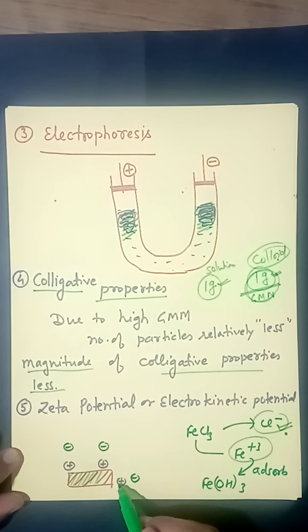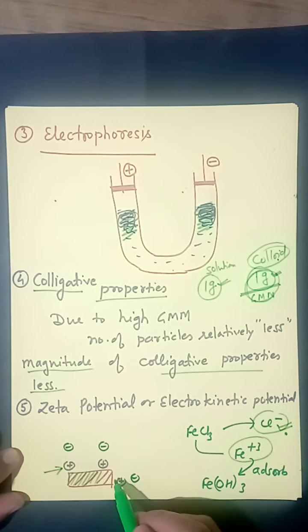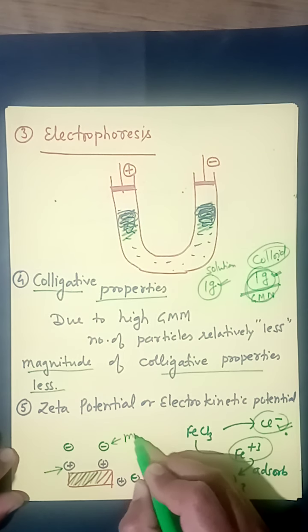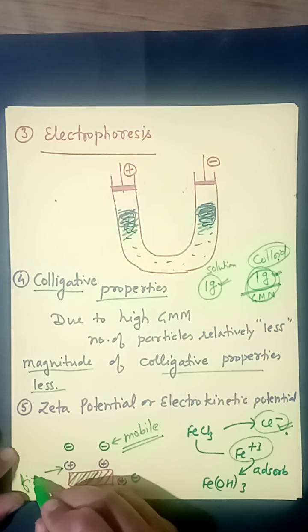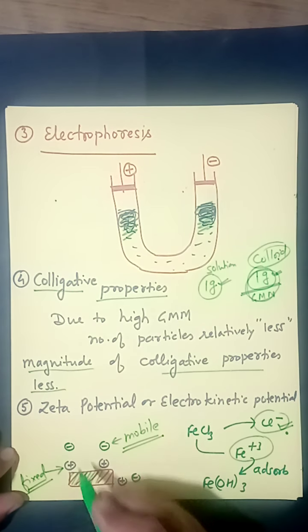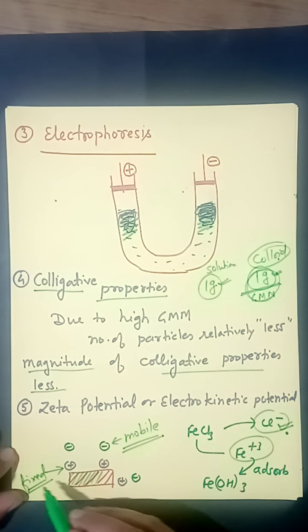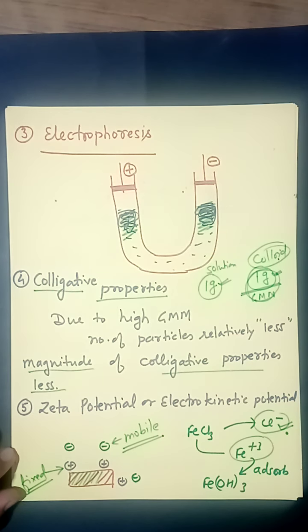Now they are adsorbed, so you can say these are fixed particles. It is a fixed layer, also known as the stationary layer, and this one, because it is movable, is known as the mobile layer or diffused layer. You can see the difference in the charge. It is positive charge, it is negative charge. This potential difference between the fixed and mobile layer is known as zeta potential or electrokinetic potential.